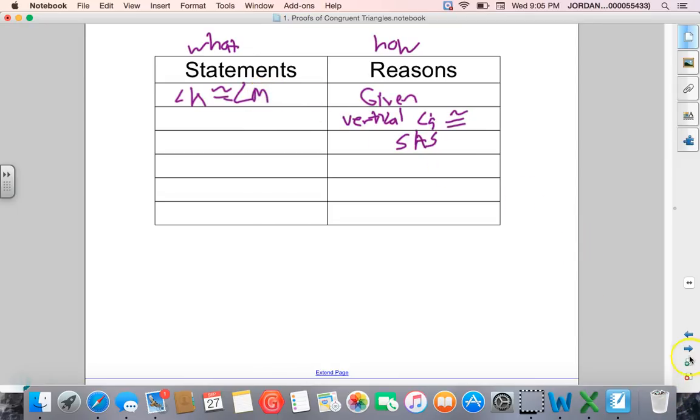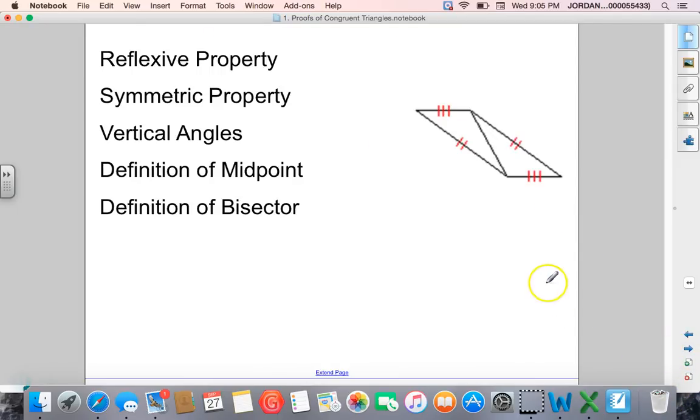So let's go ahead and practice one of these. Well, first of all, let's talk about some more properties that we need to know. One thing is the reflexive property, okay? So essentially the reflexive property is something like AB. All right, so let's say that this is A right here, and this is point B. So the reflexive property would be something like AB is congruent to AB.